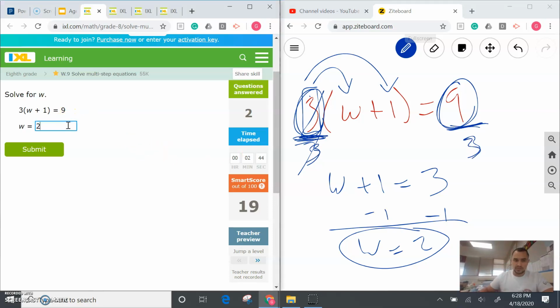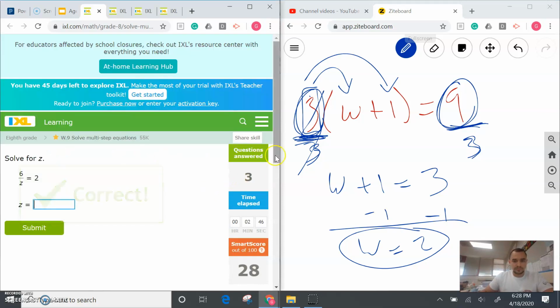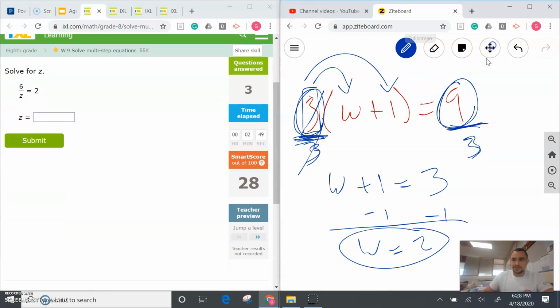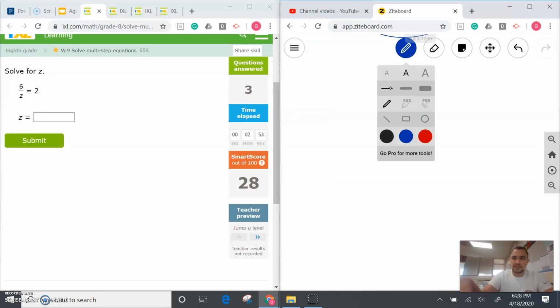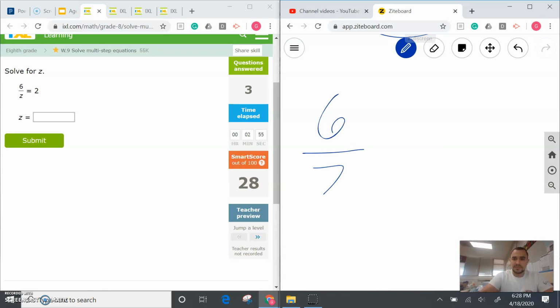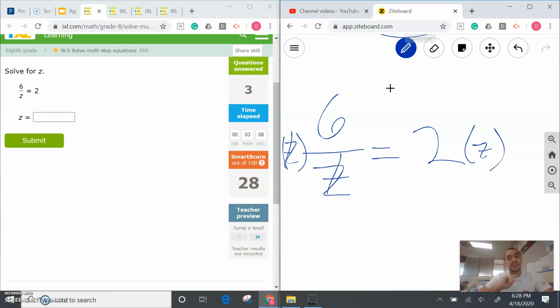All right. So here we go. We got a fraction here. Remember, 6 divided by z equals 2. Now, I have a division. I'm dividing by z, so I'm going to multiply this by z, multiply this by z. So the z's cross out. That's okay.